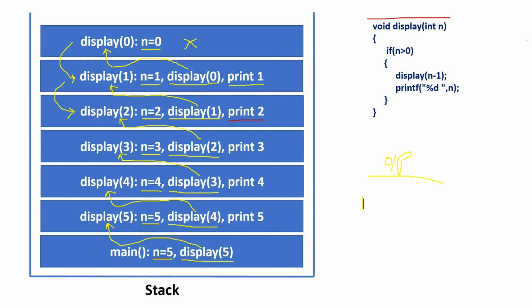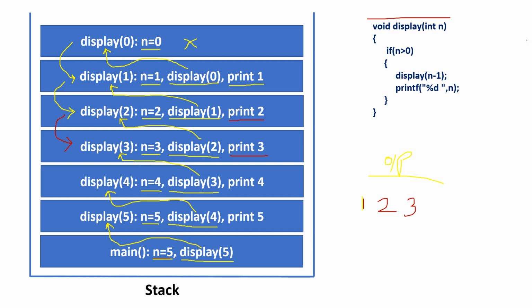Print 2. Then 2 will be printed. Then once this function is completed, control returns to display of 3. That means display of 2 function will be removed from the memory. And what are the remaining statements that are left in the display of 3? That is print 3. Now we will get output 3.